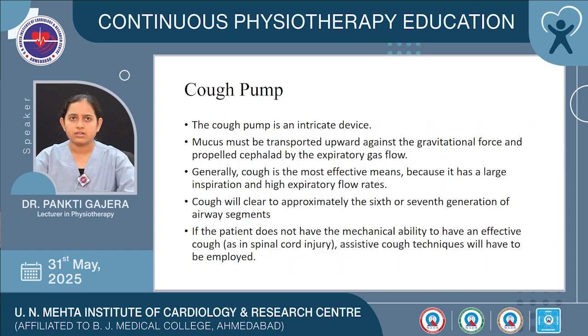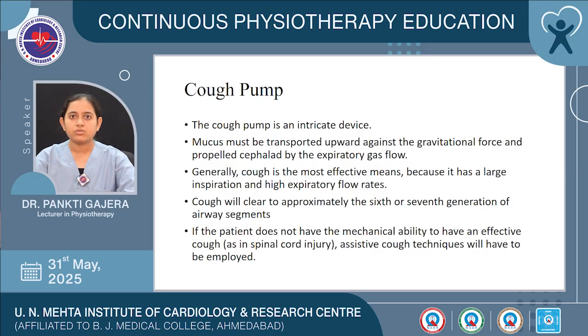So now, what is the cough pump? The cough pump is an intricate device. Mucus must be transported upward against the gravitational force and propelled cephalad by the expiratory gas flow, the work done by cilia. Generally, cough is the most effective means because it has a large inspiration and high expiratory flow rates.